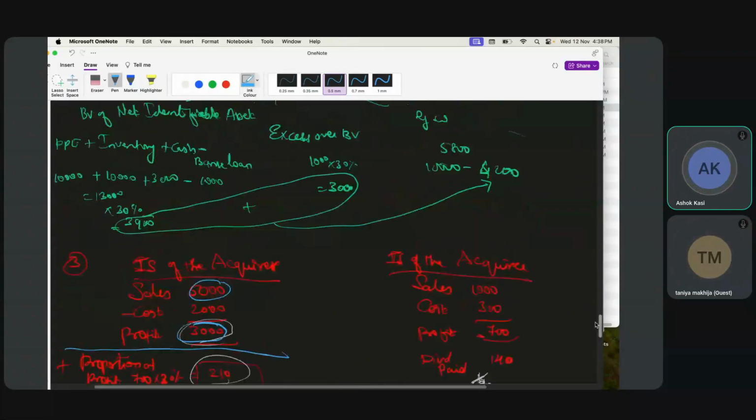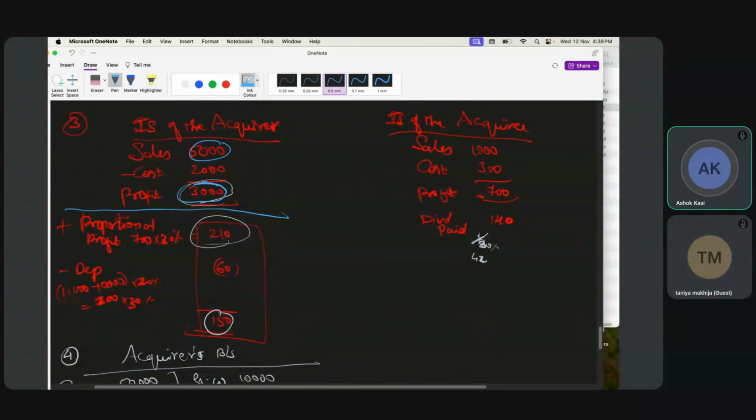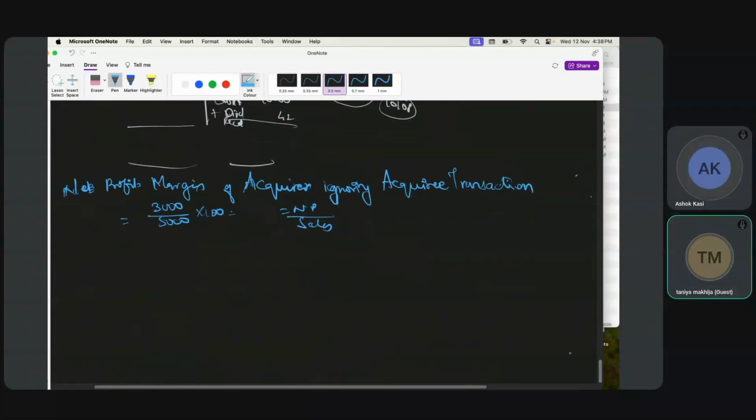Okay, understood. So that is calculated, 60%.